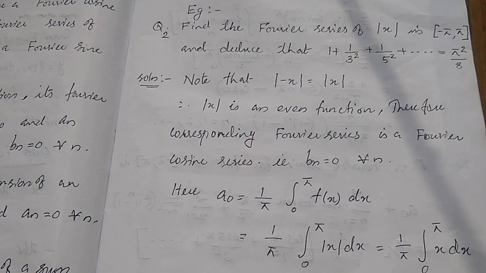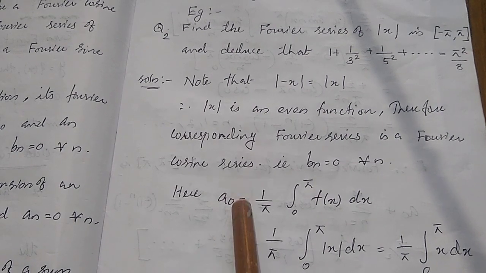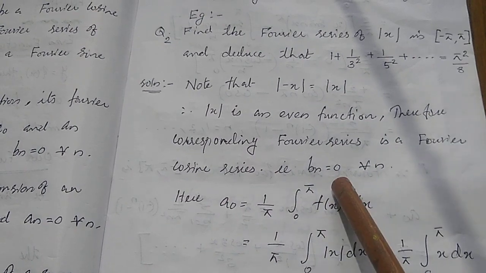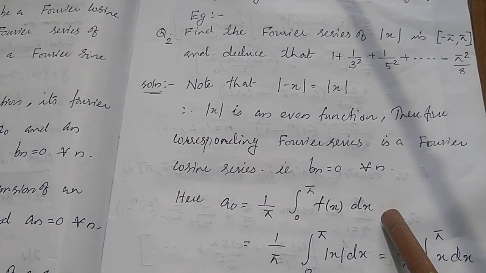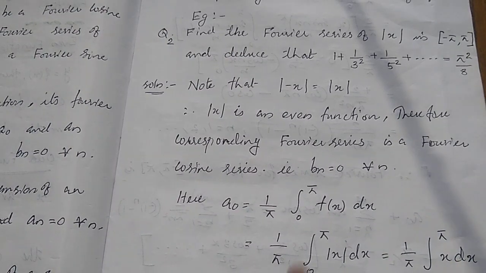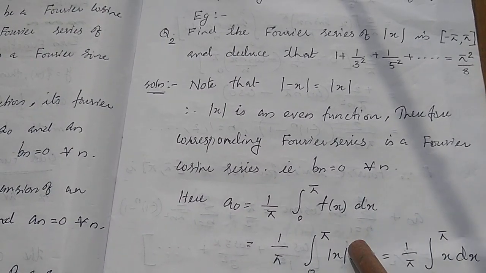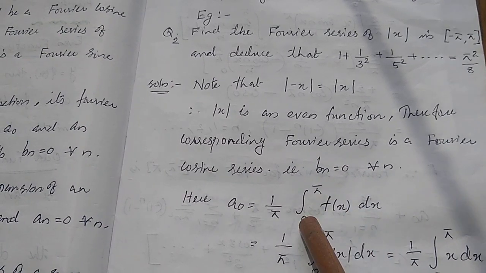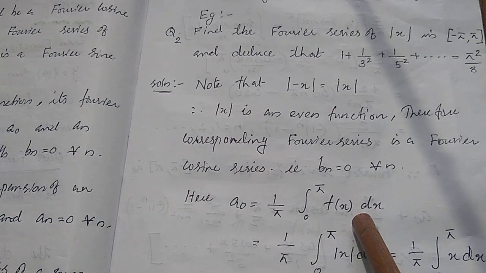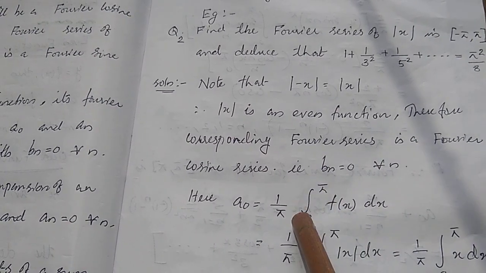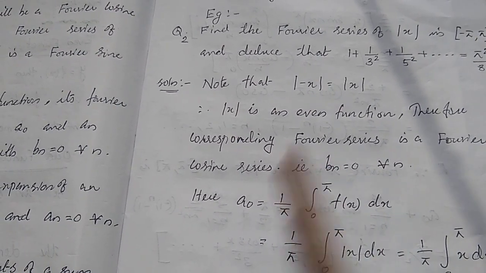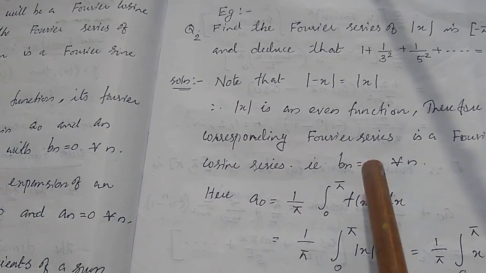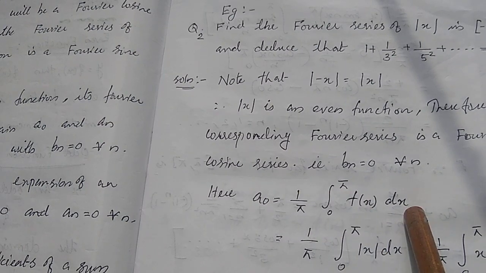Here, when we are finding a0, using the formula, a0 is equal to 1 by pi integral 0 to pi f of x dx.